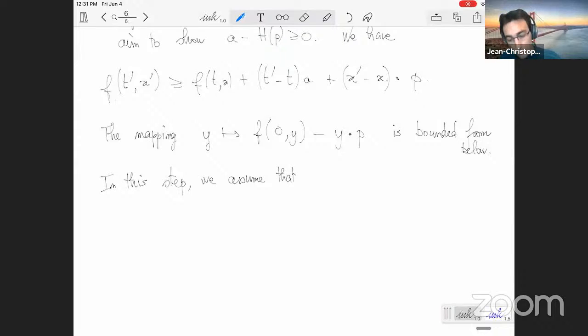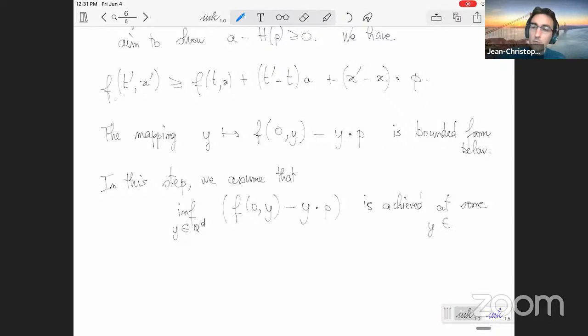So in this step, I'm going to assume that this infimum is achieved, and I'm going to call the point where it's achieved y.